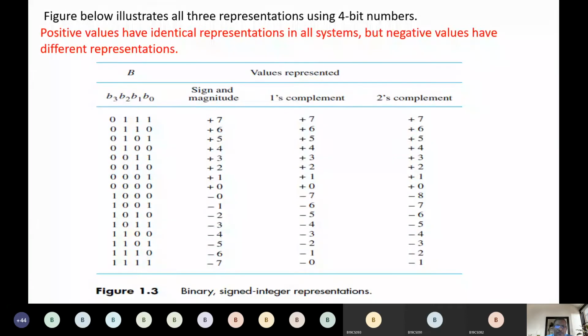To get the binary representation of minus 7, we take the equivalent plus 7, that is 0 and 3 ones, and complement it. Instead of 0 we make it 1, and whenever we have 1 we make it 0. That is a complement. We'll see in the next slide how ones complement and twos complement are calculated.